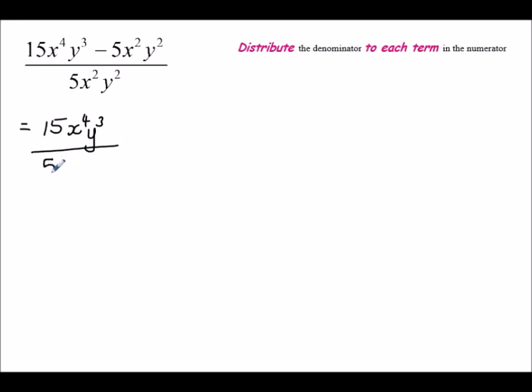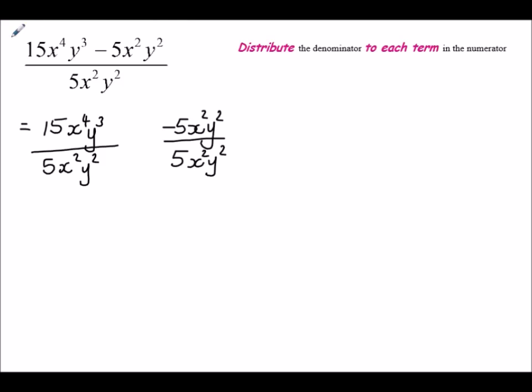I'm going to keep the negative with the 5, so I'm going to say negative 5x squared y squared over 5x squared y squared. Now I simplify each of those terms.